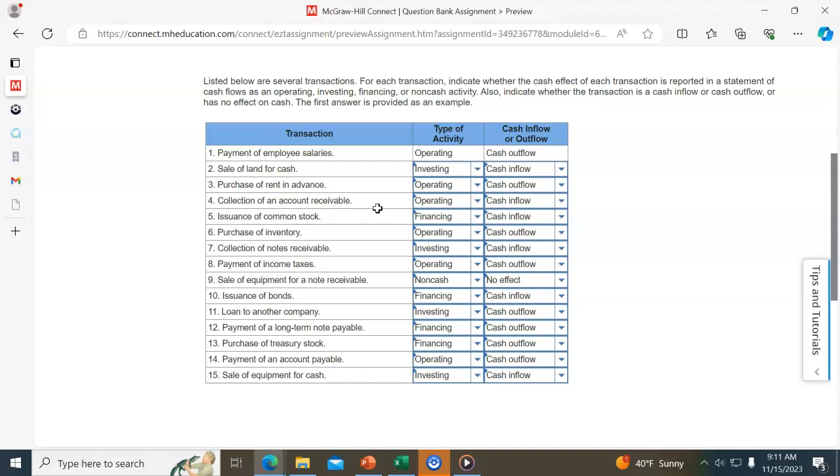So, payment of employee salaries, operating. The sale of land for cash. When we purchase or sell a long-term investment, what is it? Investing. When we purchase it, we use cash. But when we sell it, we receive cash, don't we?